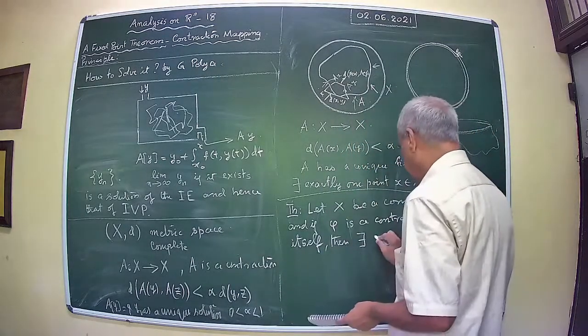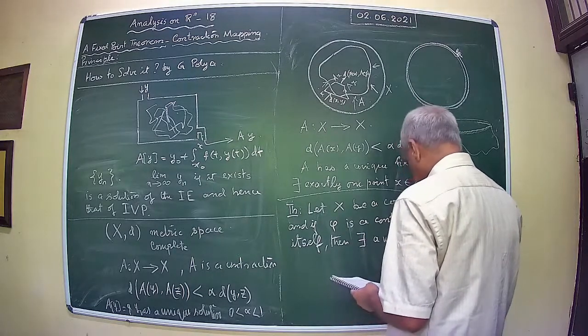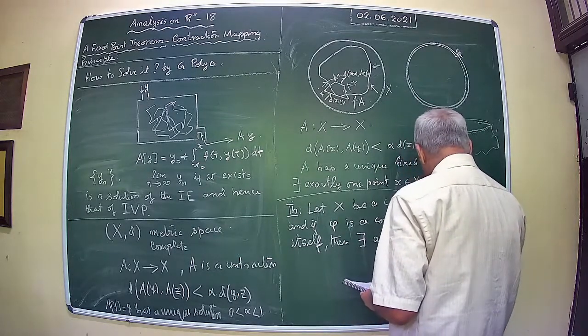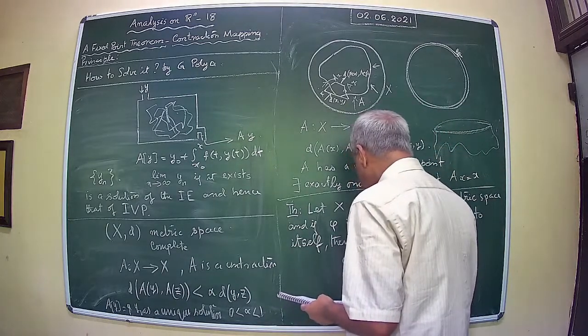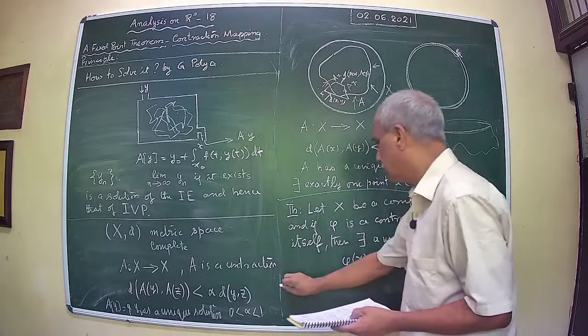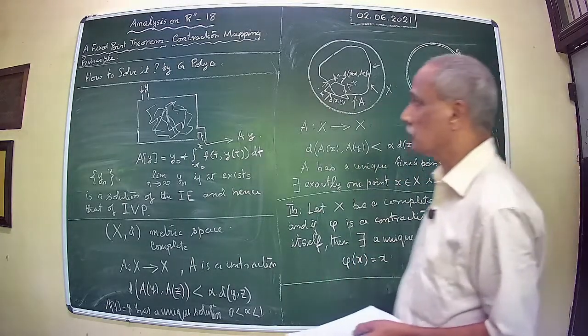Then phi has a unique fixed point. This is the contraction mapping principle. It's a fixed point theorem.